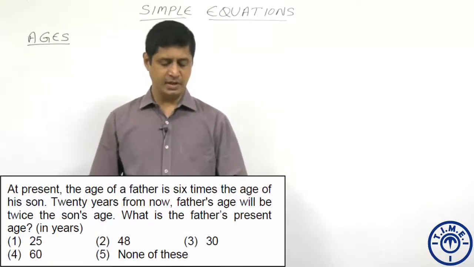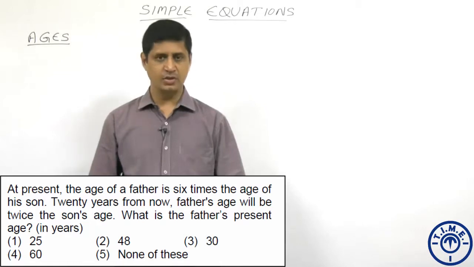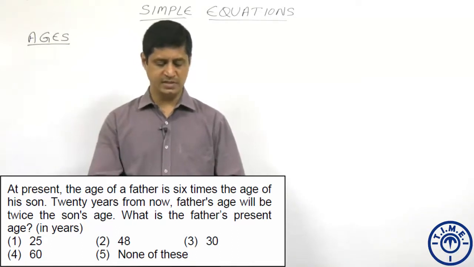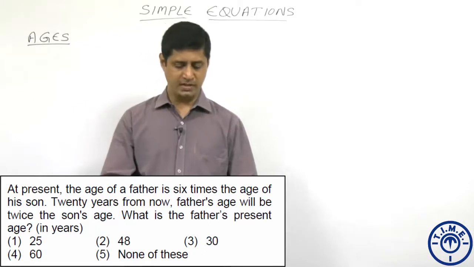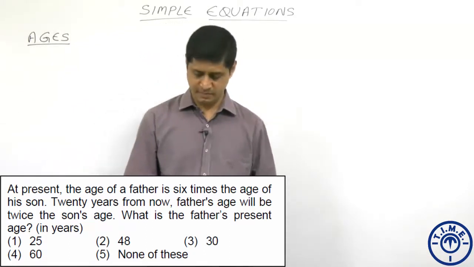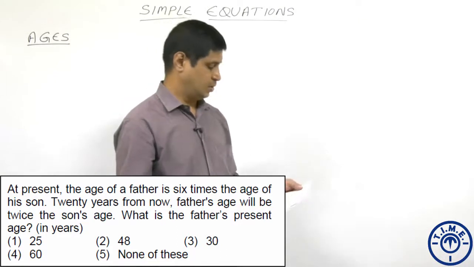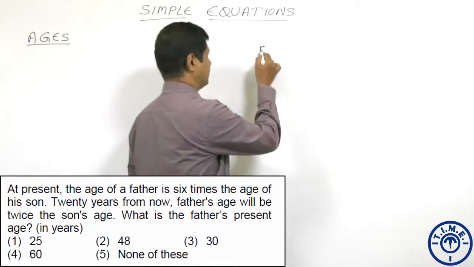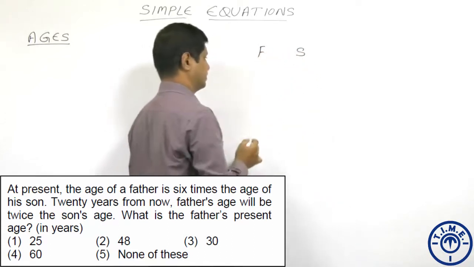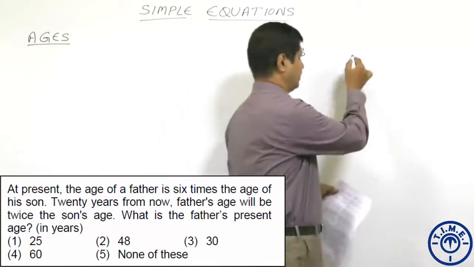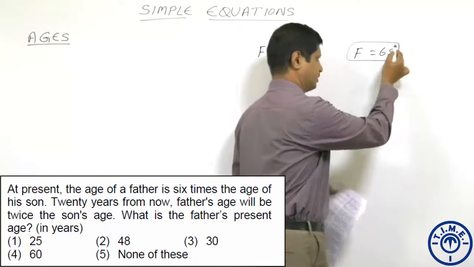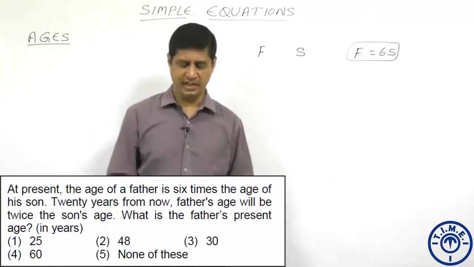At present, the age of the father is 6 times the age of his son. 20 years from now, the father's age will be twice the son's age. What is the father's present age in years? Now, what is given here? The father's age is 6 times the son's age. I am assuming the age of the father as f and the son as s. Condition 1: the father is 6 times the age of his son, so f is equal to 6s.